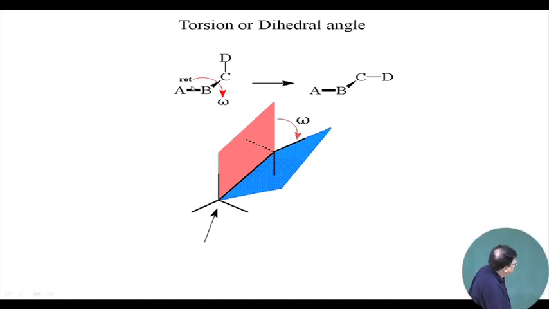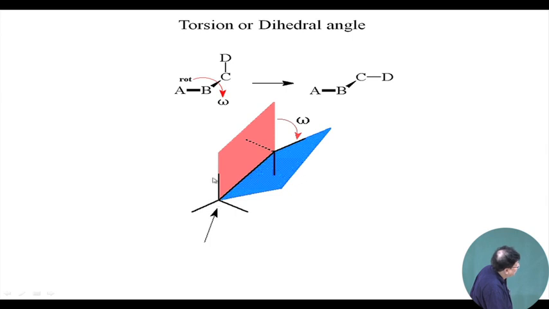Here we are talking about the angle, but see, this is the bond and then this is another bond. So, basically three atoms, 1, 2, 3, make one plane, that is shown by the blue surface.